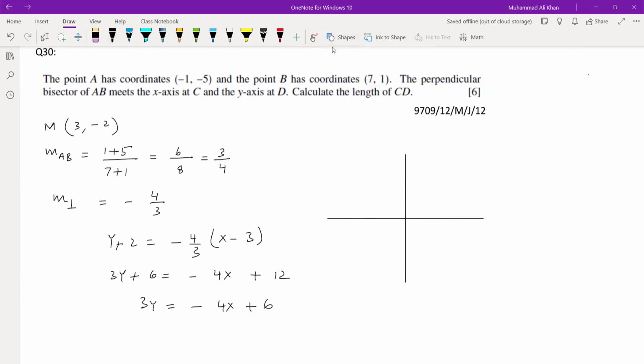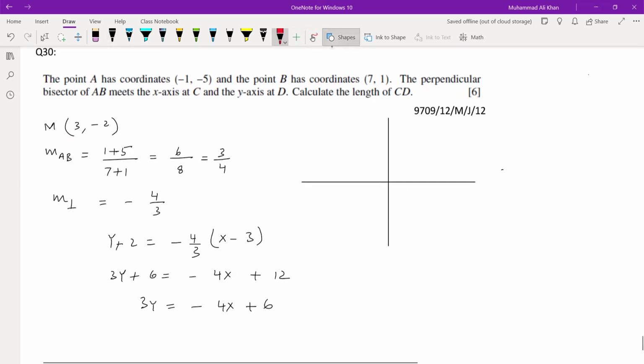What was said, children? This perpendicular bisector, let's say the red line is the perpendicular bisector, crosses the x-axis at C, crosses the y-axis at D. We have to calculate the length of CD.